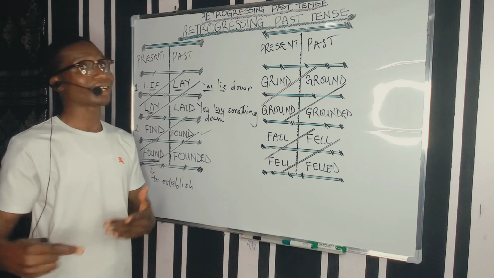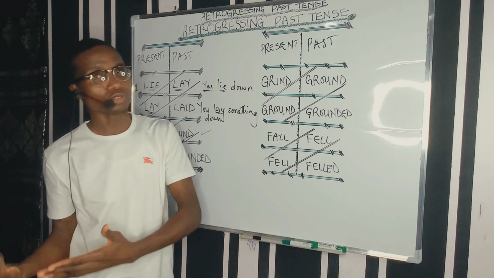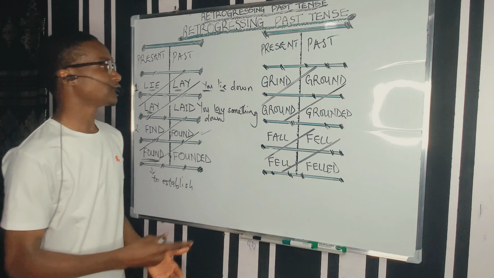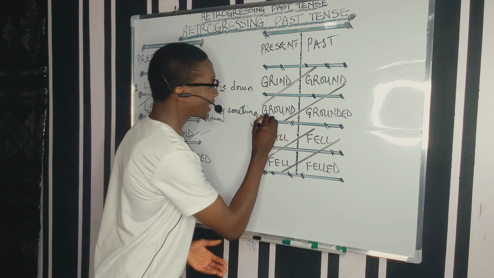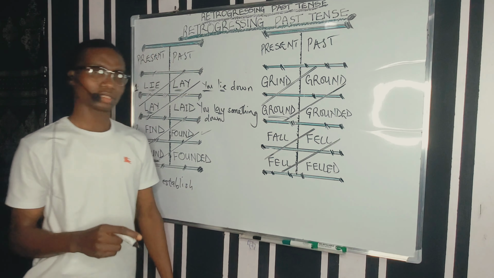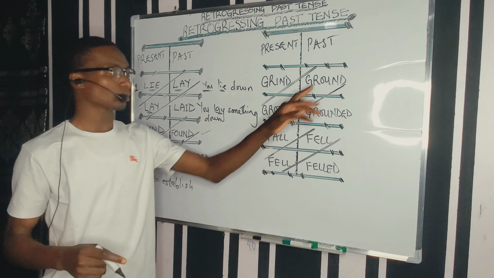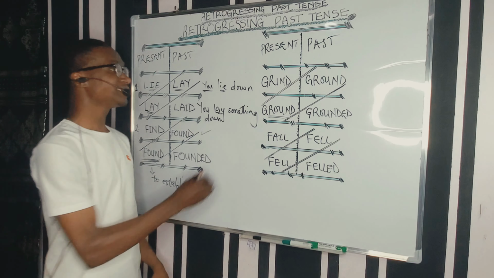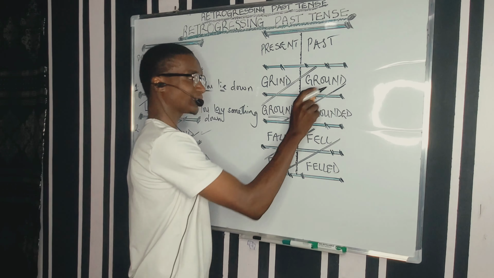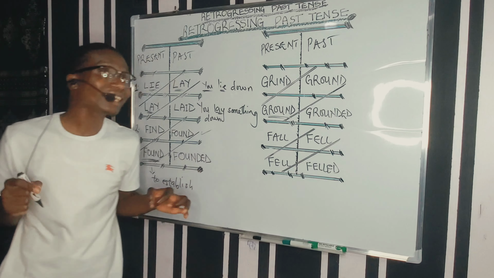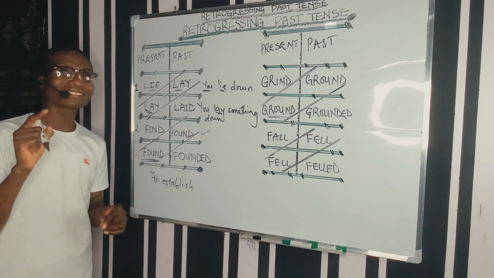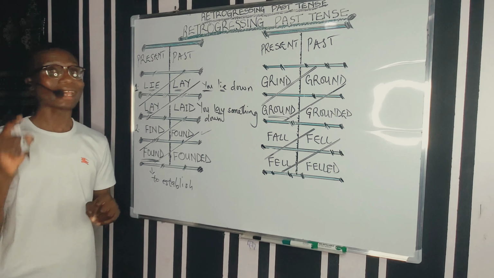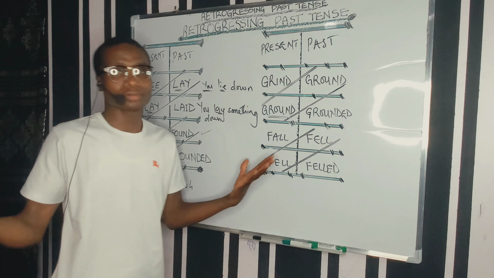When you are done grinding, it becomes ground pepper. But this ground now, what does this mean? This ground is different from this. This is the present tense, while this is the past tense. So the context in which you use a word tells us what you are saying, else there will be ambiguity.